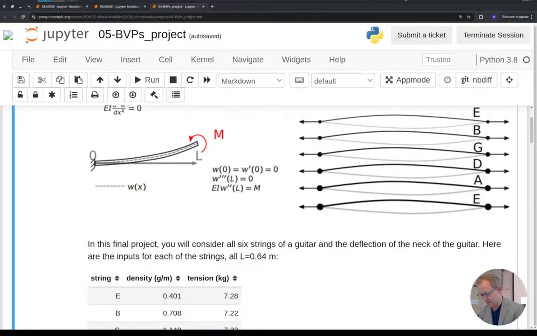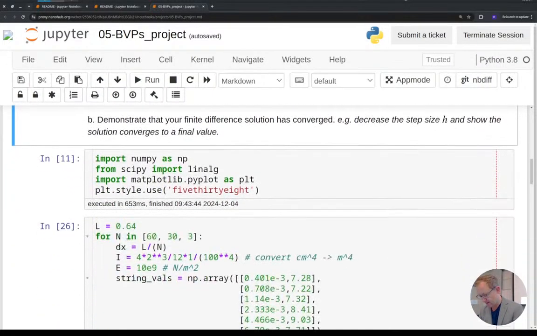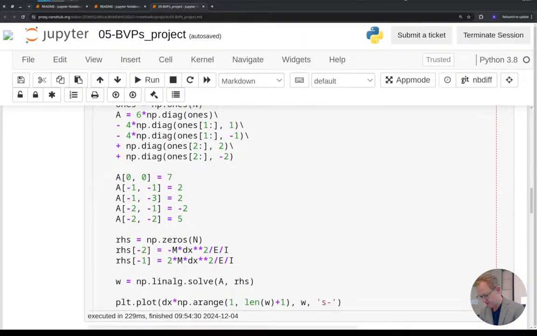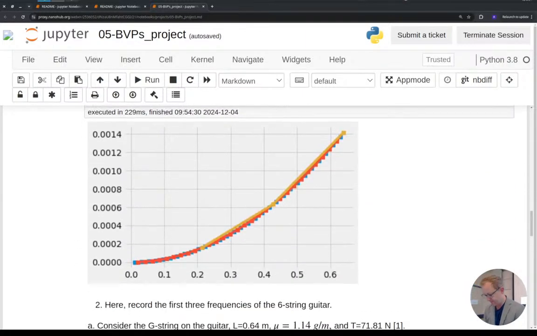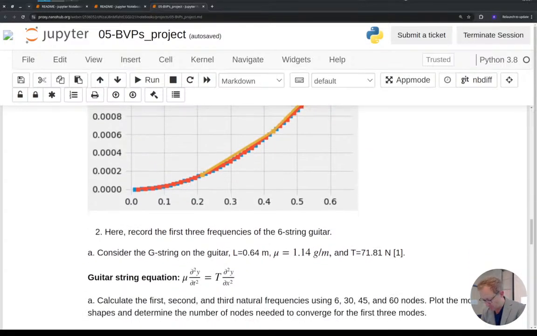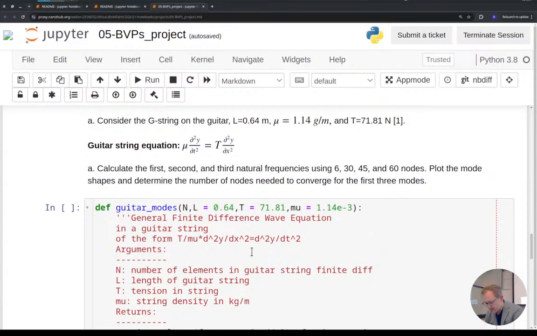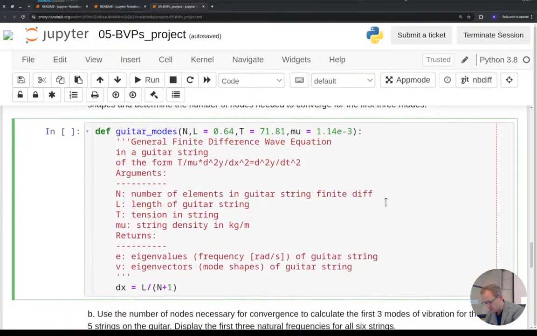It ends up being a quadratic equation, and we can approximate a quadratic equation exactly with this fourth order finite difference method. Always nice when something like that works out. So then the next part is trying to figure out natural frequencies and looking at the mode shapes.